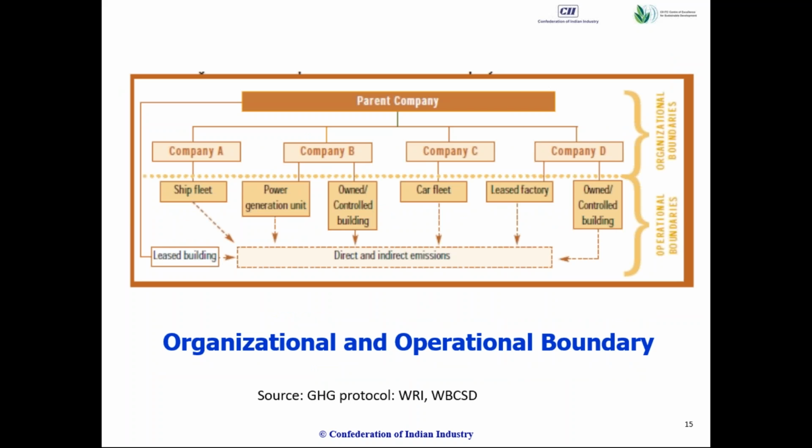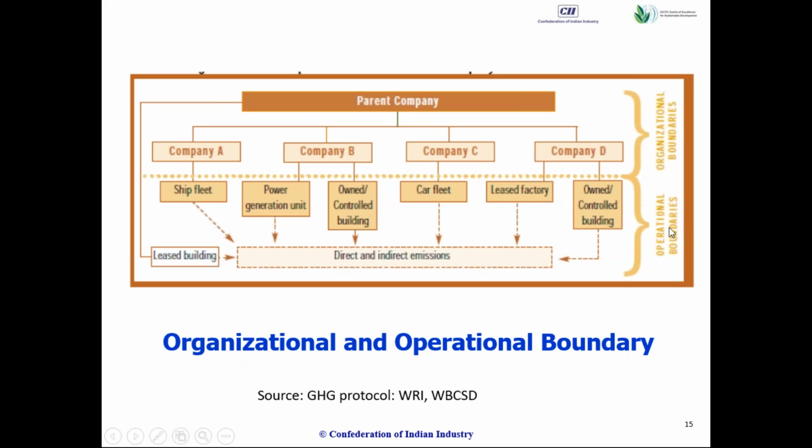So this is a diagrammatic representation of how a company will start reporting their emissions. See, we have a parent company. This company has A, B, C, D companies under it. So this is the organization boundary. And then within the organization boundary, there are different sources. For example, company A has a car fleet, company B has some power generation unit.